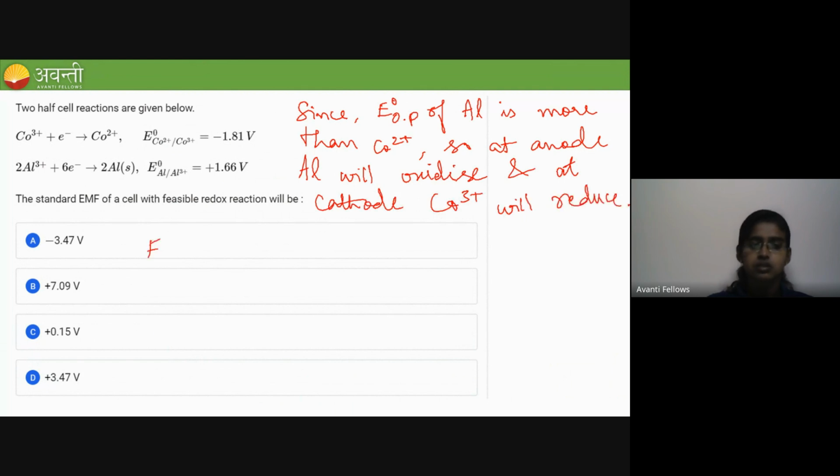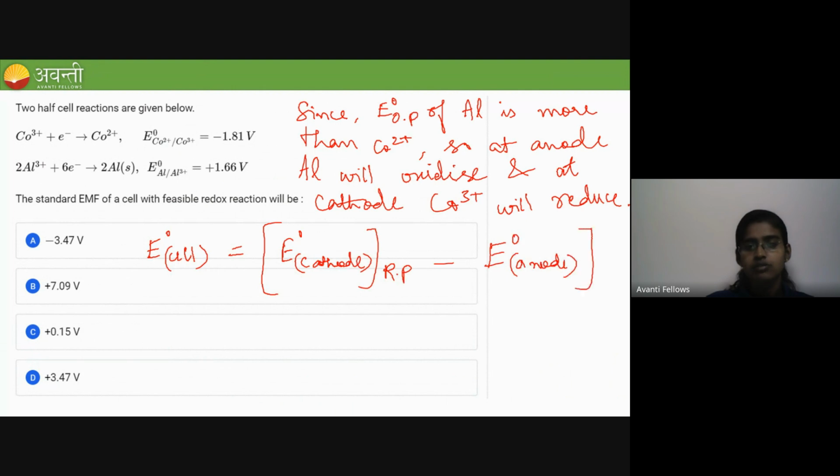Okay. So E naught cell is equal to E naught of cathode, cathodic reduction potential, minus E naught of anodic reduction potential. Okay, so you see here cathode reduction. So what I have to do, I have to go for the reduction thing. That is cobalt 3 plus to cobalt 2 plus, minus, in anode oxidation occurs, reduction potential, no?